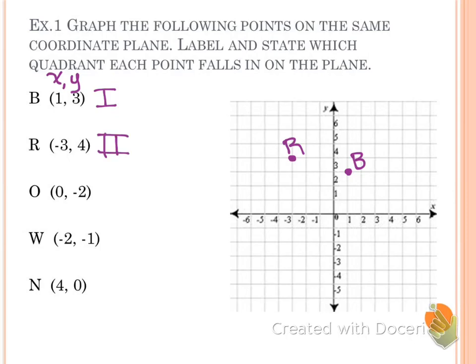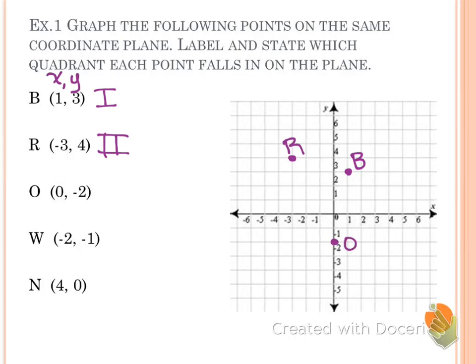A new volunteer to help me out with point O. Ryan. Go down how many? 2. Go down 2. Good. So point O's x-coordinate is a 0. That means we do not move left or right. We just go down 2.